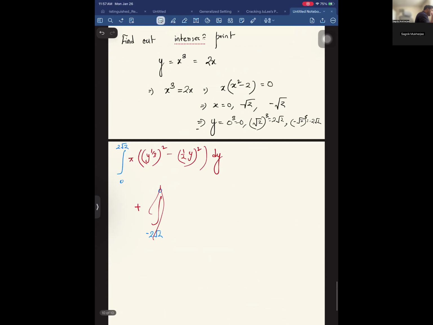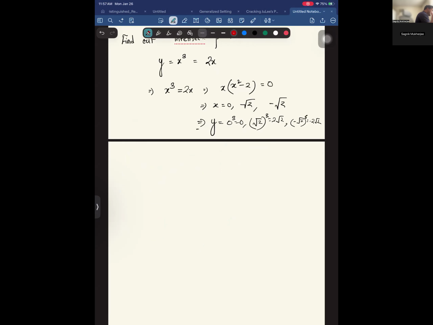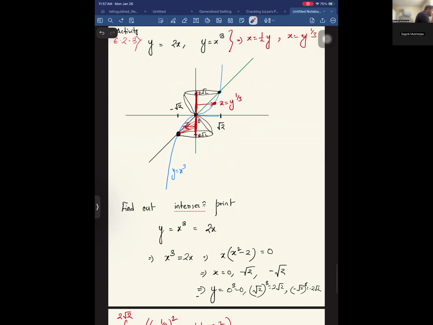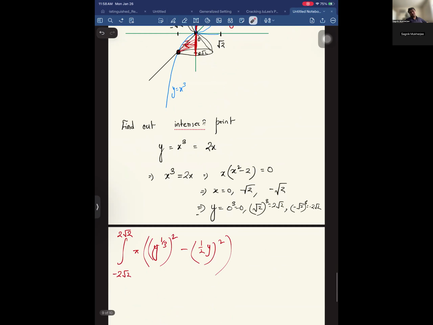So simply, you don't need all this. Just go from 0 to 2 square root 2, pi times (y to the power 1/3 squared minus half y squared). Because you can clearly see that the function that is here always has more area than the line 2x, right? So you don't have to worry about that.